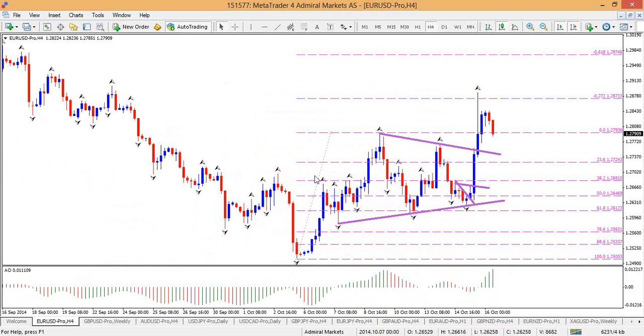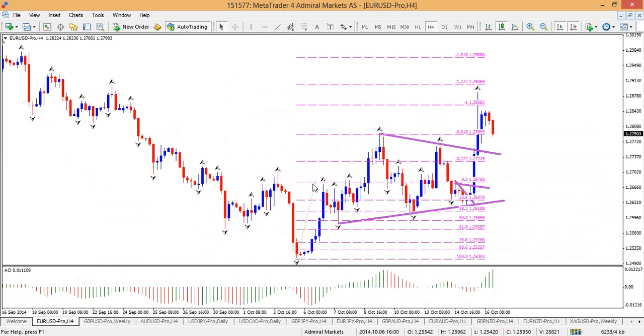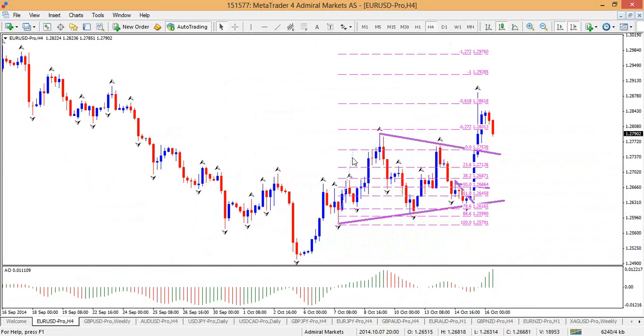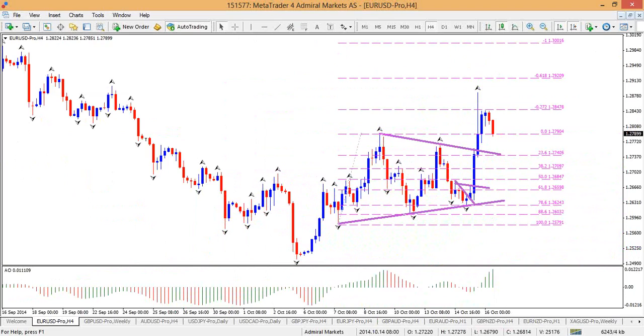Or you can use the rule that you only fib from top to bottom and you wait for the minus 618 to hit, and then you take it from retracement to target. In that case, we didn't have a 61.8 fib yesterday, earlier this week, but an 88.6 fib bounce. So that depends if you fib like this or like this.